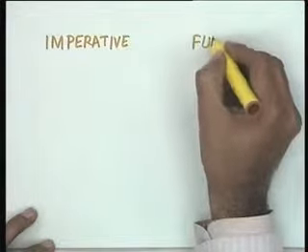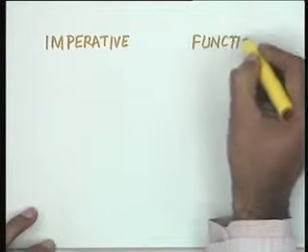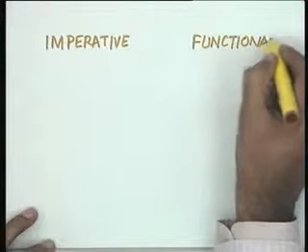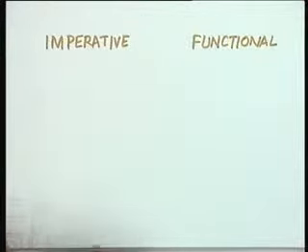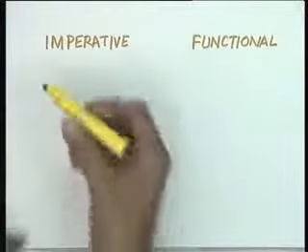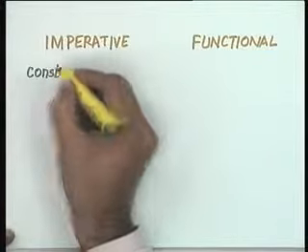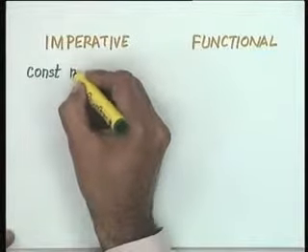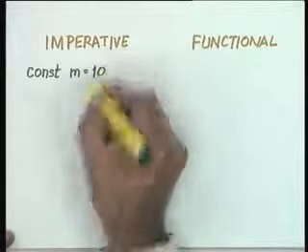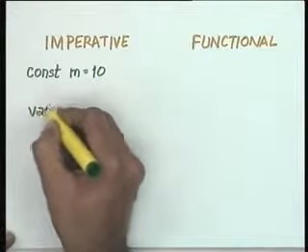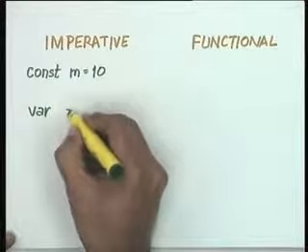So we'll take a Pascal like and an ML like language. A Pascal like language has these constant declarations, and has variable declarations of this form, let's say.